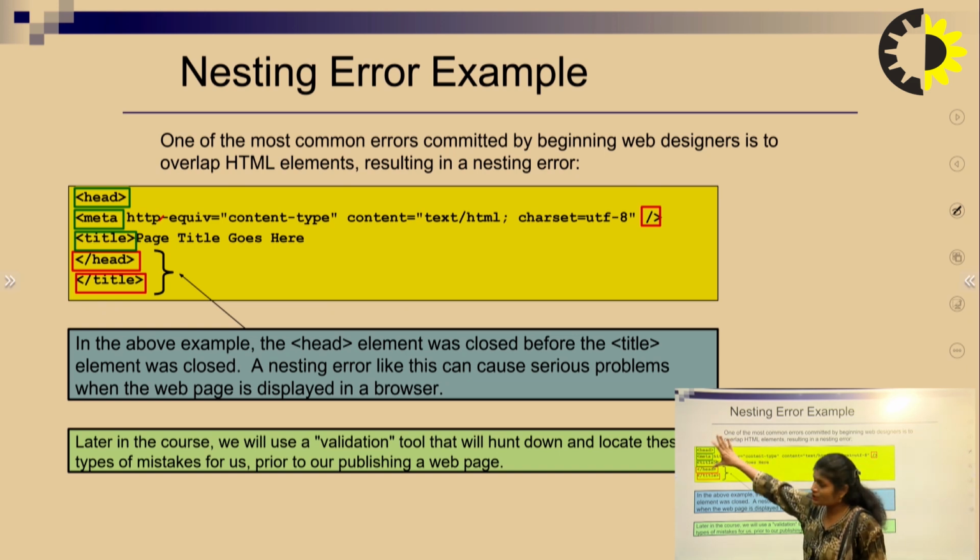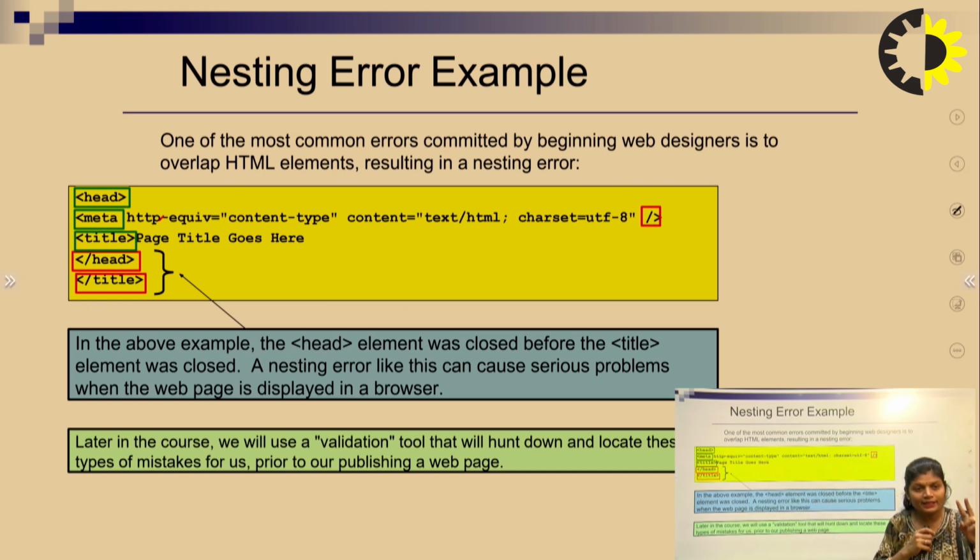In the head section, you are using a meta tag and a title tag. So before closing the head tag, you should close the meta tag and title tag first. Otherwise, an error occurs. In the above example, the head element was closed before the title element was closed.